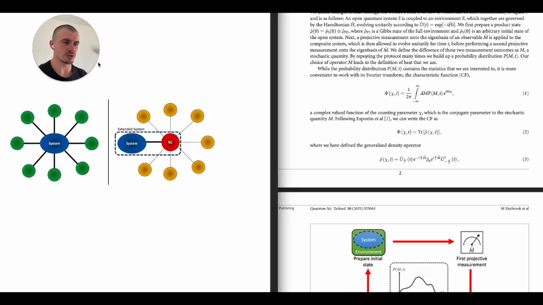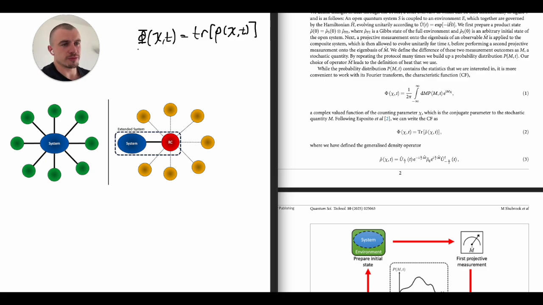So I think there's one more thing to clarify before we start looking at these results, which is the different methods that we're using to calculate these statistics. So the characteristic function is essentially the trace of a density operator, but that density operator is transformed into this counting field dependent frame where the counting field or the counting parameter is chi.